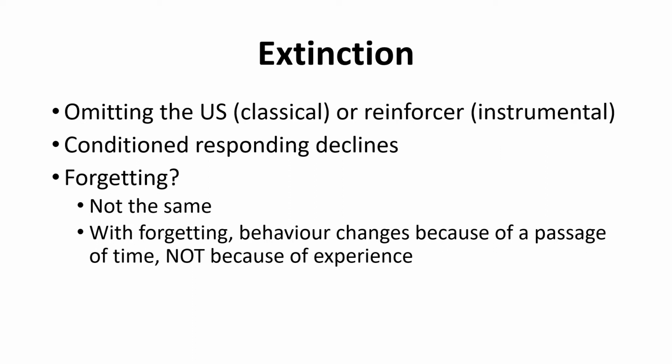But with extinction, this change in responding is occurring because of experience, because we're learning something new. So forgetting is more of a process over long periods of time, and it's fairly passive, whereas extinction is an active process where we are actively learning something new.